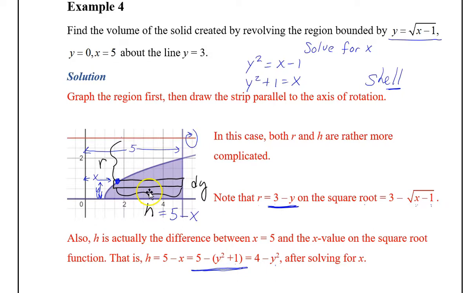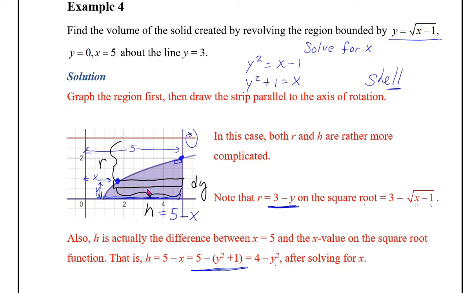Now we're about ready to start putting it together, although we still need to know our limits of integration as well. To find the limits of integration, remember that we need to go from the bottom strip, since our differential is dy, to the top strip, which is here. Notice that the strips do not extend all the way to the axis of rotation, which is the line y equals 3. If you're not sure how to find the coordinates of this point, remember that it is the intersection between the line x equals 5 and the square root function, square root of x minus 1.